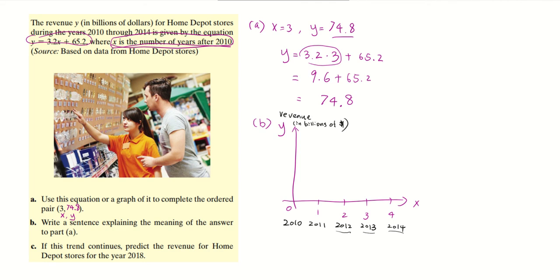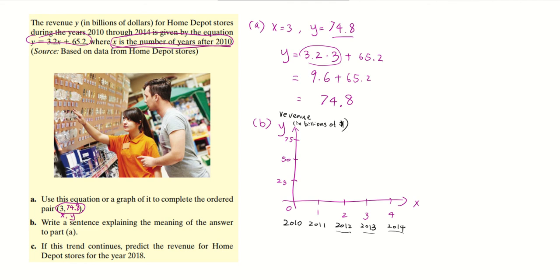Okay, so let's mark the unit. Let's do 25, 50, and 75. Now, one point we know on the line is (3, 74.8).